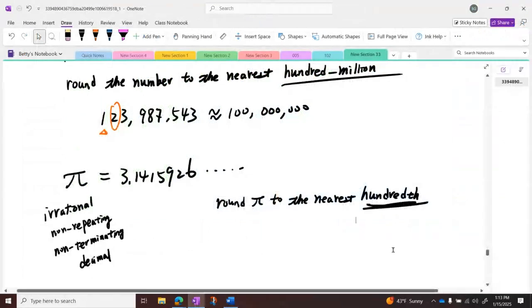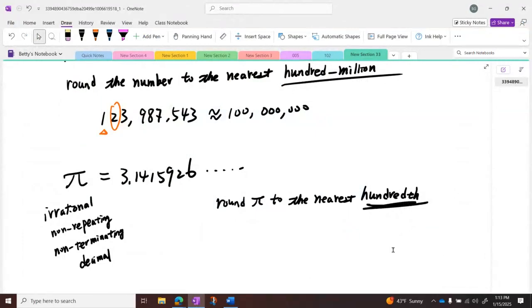So if we want to round a pi to the nearest hundredth, how many decimal places should we keep? Or where is the rounding place? Hundredth. As long as it has a th, means the rounding place is going to occur in a decimal part to the right of the decimal point.